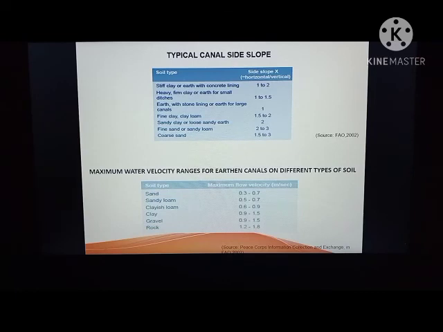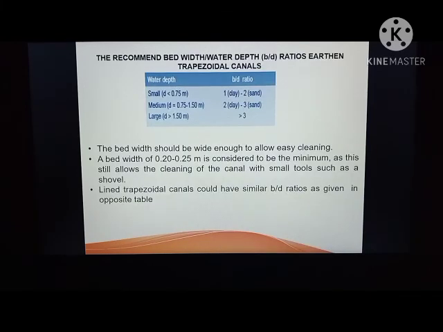Maximum water velocity ranges for earthen canals on different types of soil. In soil type, we have sand, sandy loam, clayey loam, clay, gravel, and rock. In sand, we have a maximum velocity of 0.3 to 0.7 meters per second, and so on.